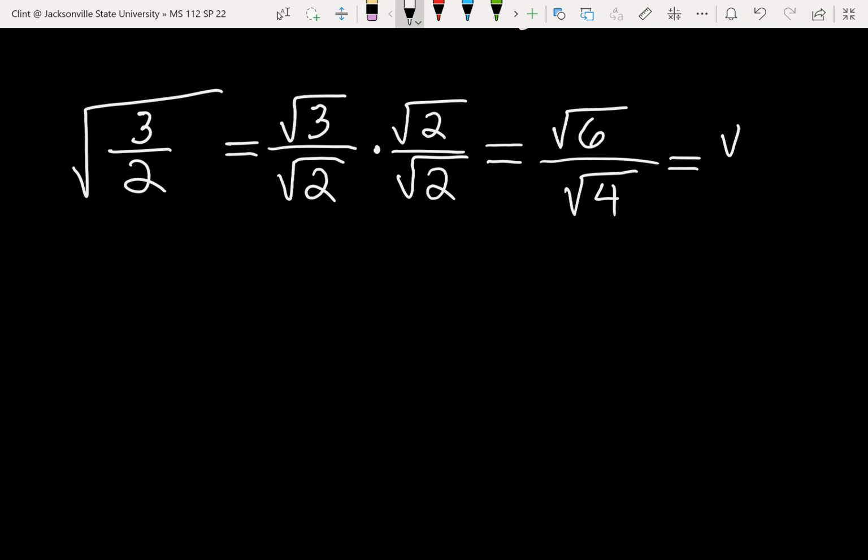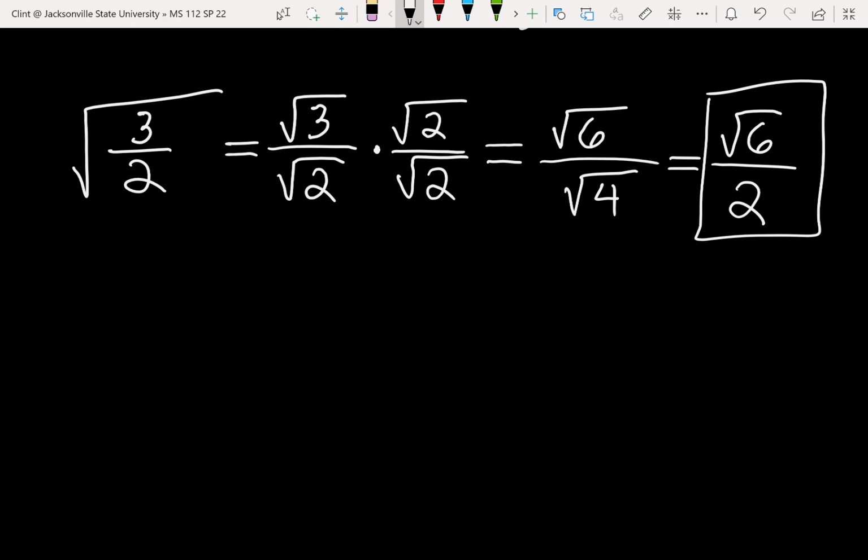So the bottom's a perfect square. Square root of 4 is 2. And one thing you may think about, could we simplify square root of 6? Break it down to prime factors, 2 and 3, so we don't have 2 of anything under there, so simple as we can make it.